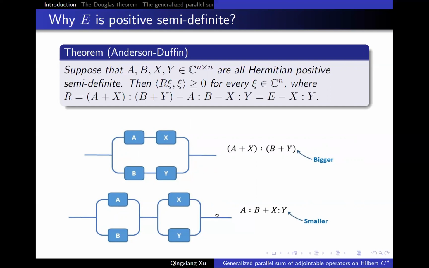The second diagram just changes the order. And this theorem says that the total resistance in the first circuit is bigger, and in the second one is smaller. So this is an explanation of the positivity of this matrix.